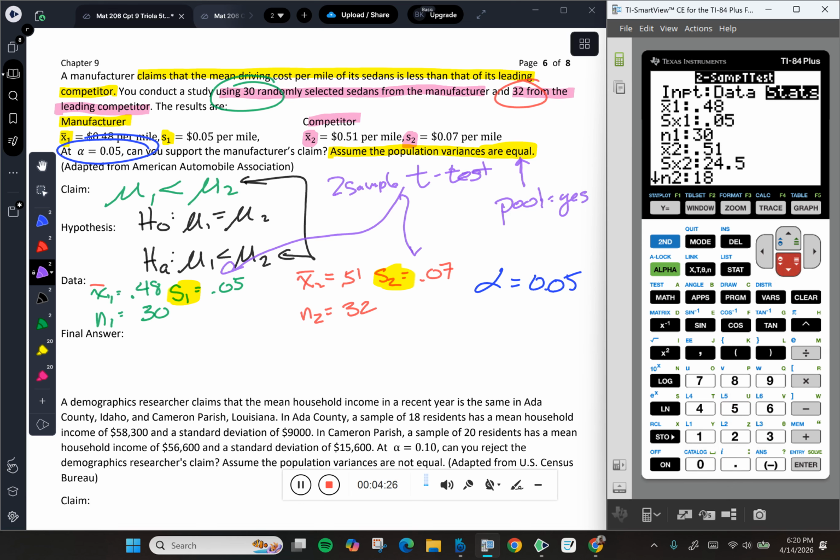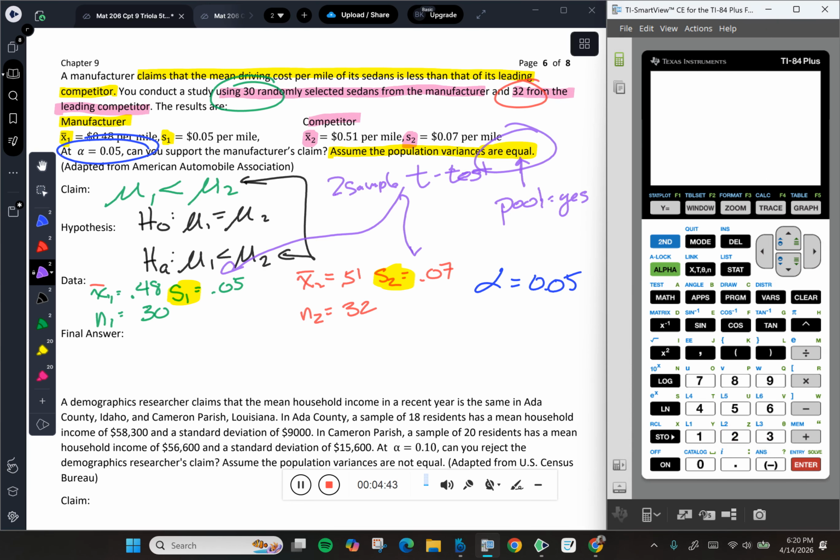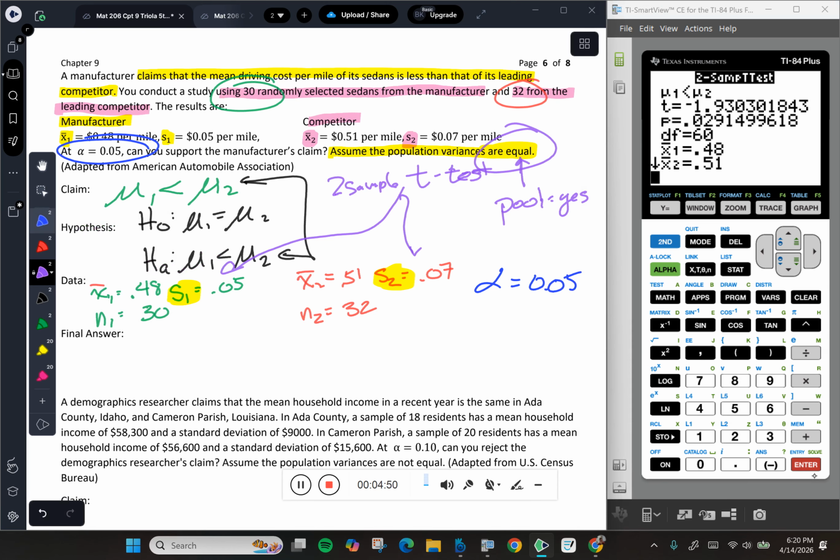My sample standard deviation for group 2 is 0.07. My sample size for group 2 is 32. My alternate hypothesis is less than, so I'm going to grab that guy. And then I'm going to select yes for pooled because they're equal. And then I'll calculate. If I need that test statistic, there it is. It's negative 1.93.